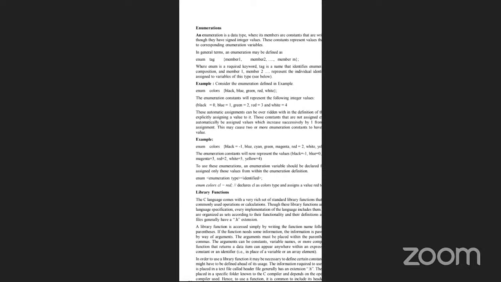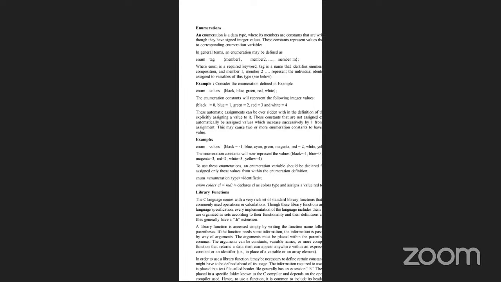A general form of enumeration may be defined as enum tag {member 1, member 2, ..., member n}, where enum is the required keyword, tag is the name that is an identifier, and member 1, member 2 represent individual identifiers.